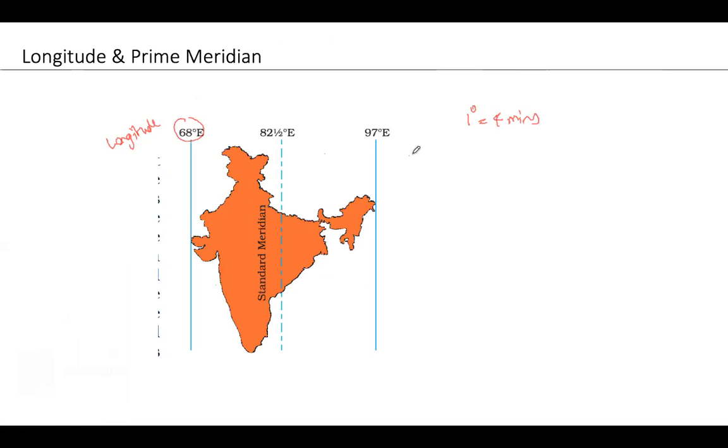How many degrees of difference are there? So 29 degrees there is a difference. So 29 degrees means it's completely like 1.5 hours there will be lag, and it will be difficult for the people in one country to operate. So they brought in this standard meridian, that is the GMT time they have given.